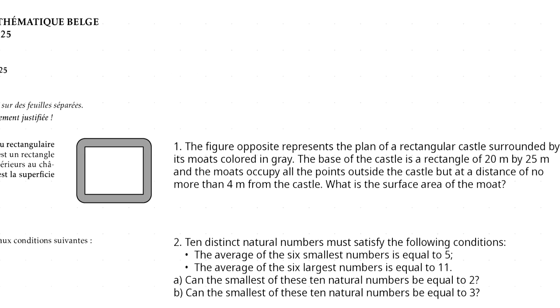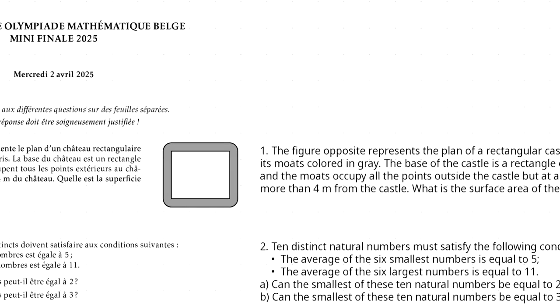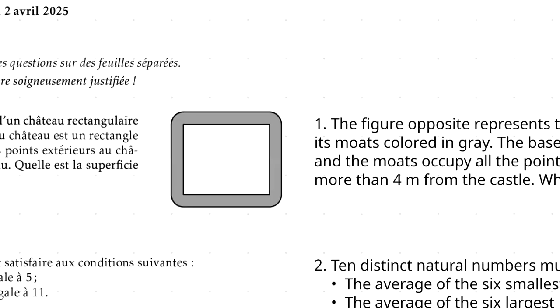The question is asking what the surface of this moat is. This one is not so challenging, especially if you realize that it is something about a round corner. Actually, it's a round corner rectangle.